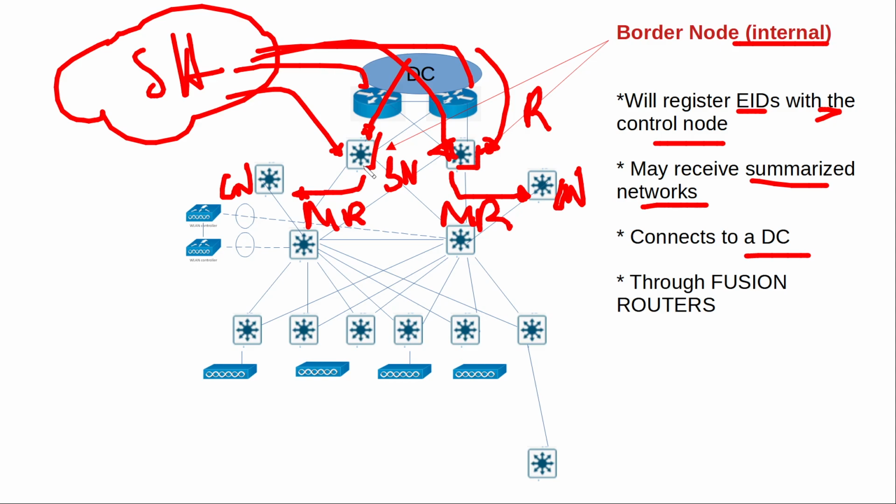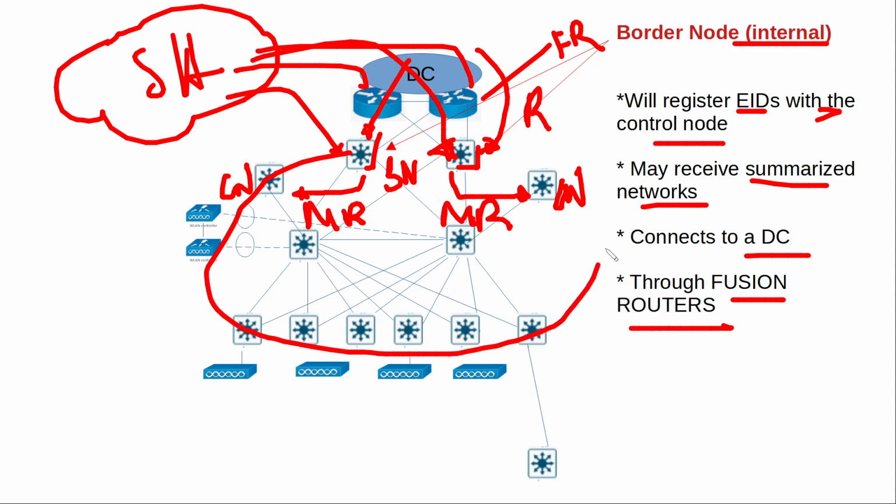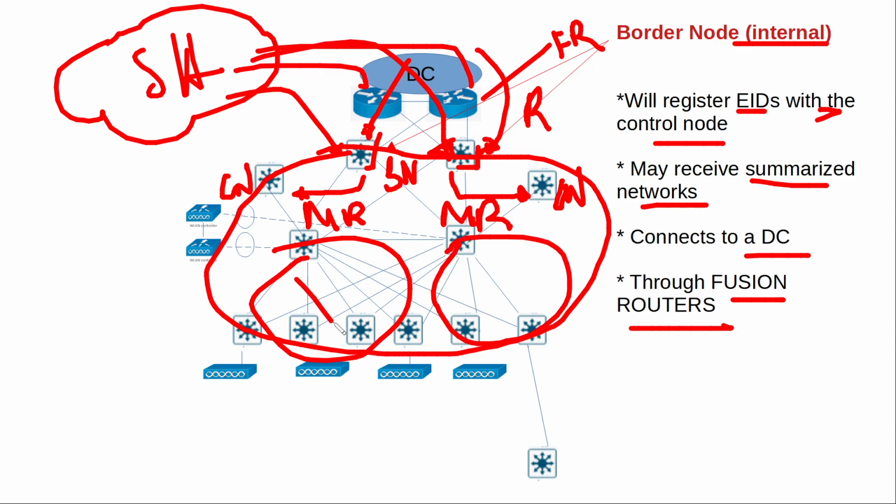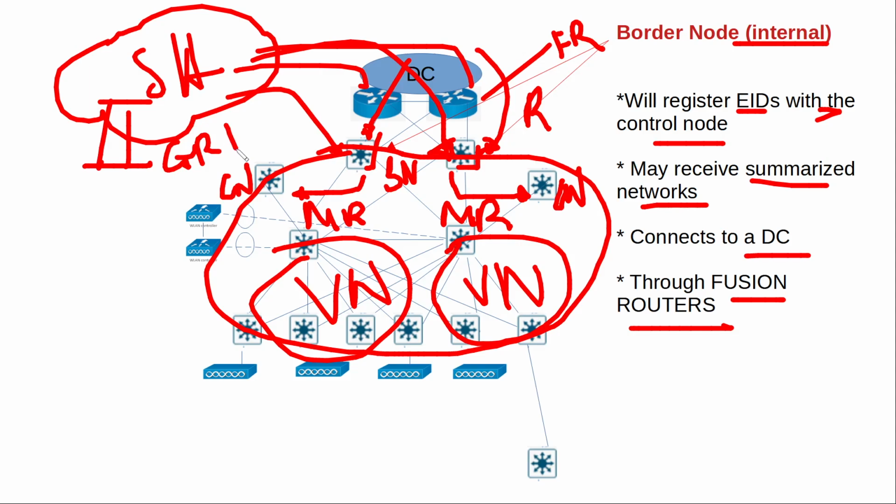And in order for this to work, we will need fusion routers. So we have fusion routers here that will help us map prefixes that live within virtual networks that work like VRFs, in order to have devices that live inside these virtual networks talk with servers that live in the global routing table in networks outside the fabric.